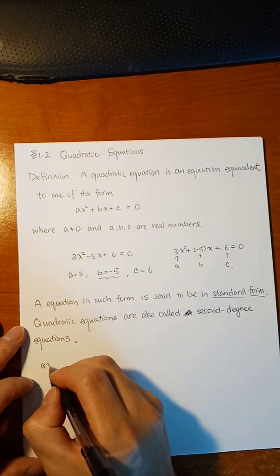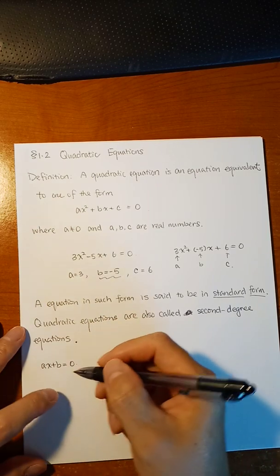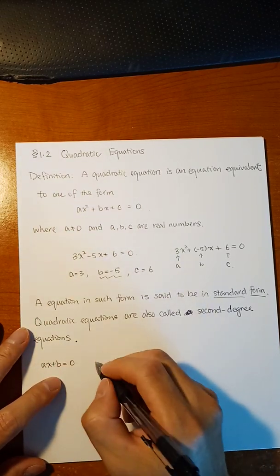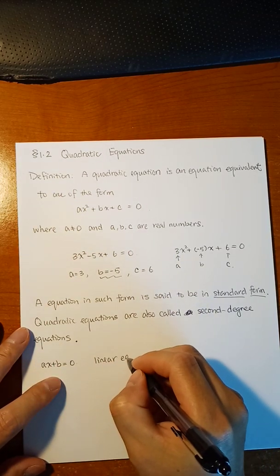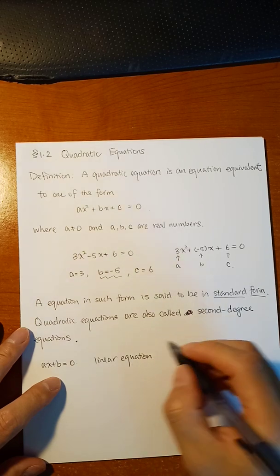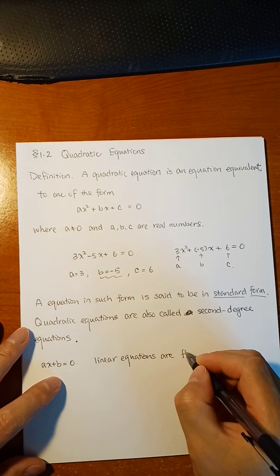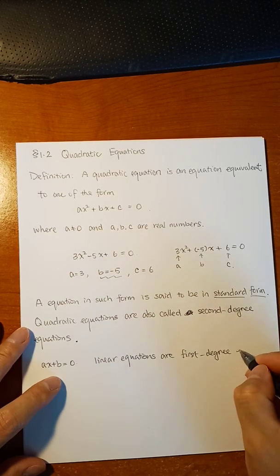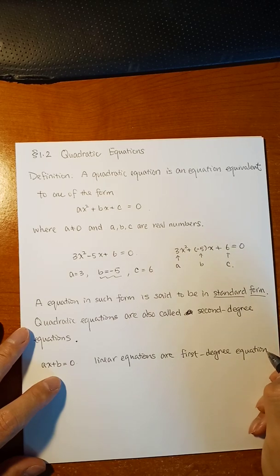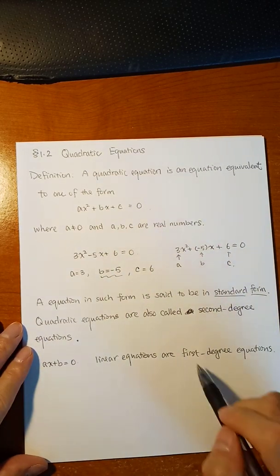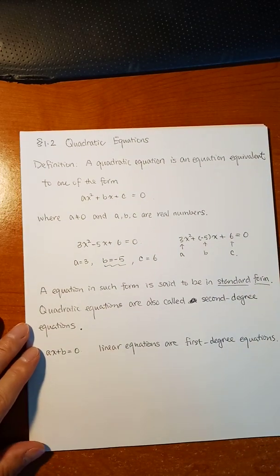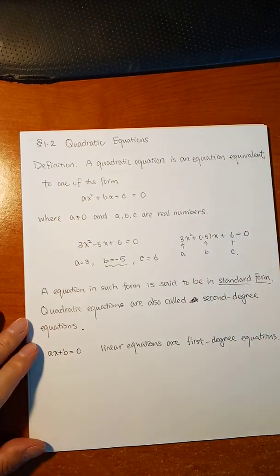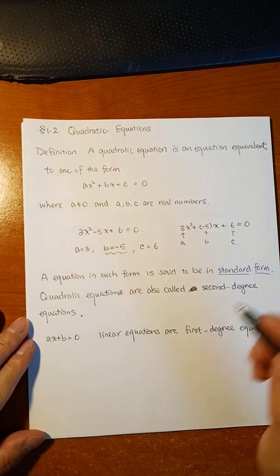And a linear equation, they will say first degree equation or first order linear equation, right? This is linear. So we start from first degree and we get a second degree. Okay. Second degree equation. Let's see the examples.